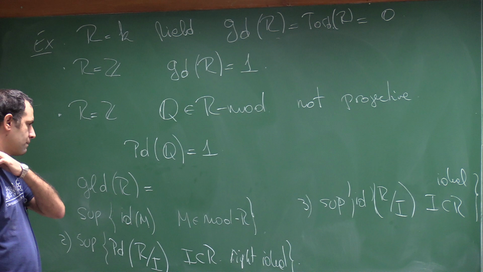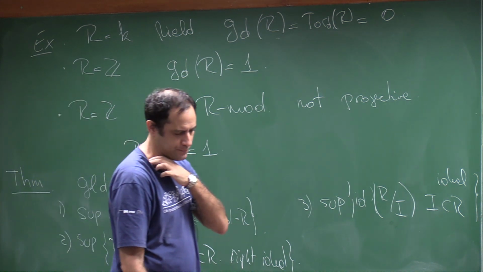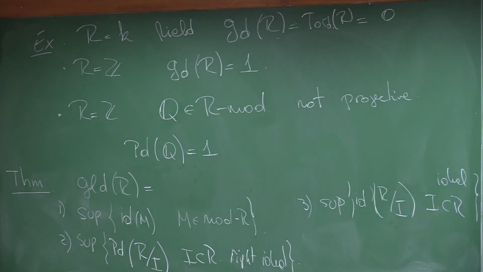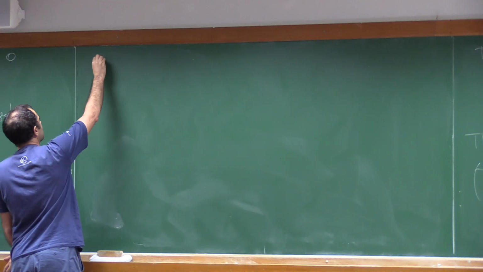Okay, so we want to prove this. And the lemma we want to prove is what we are going to use. And before doing that, let me just state that same theorem for the Tor dimension.